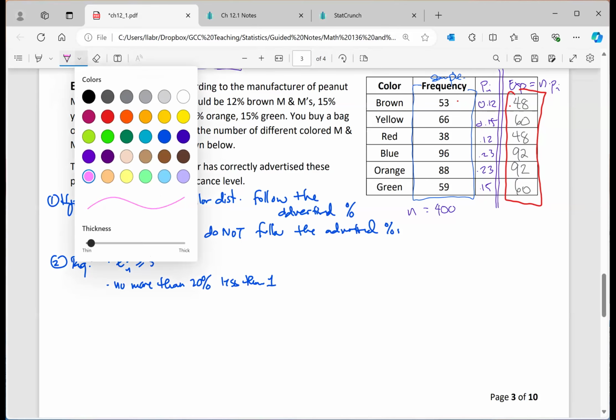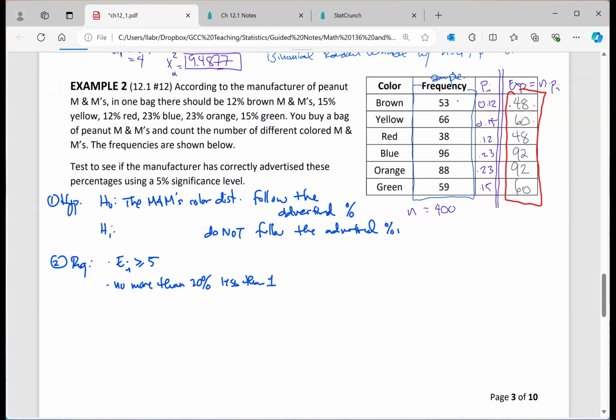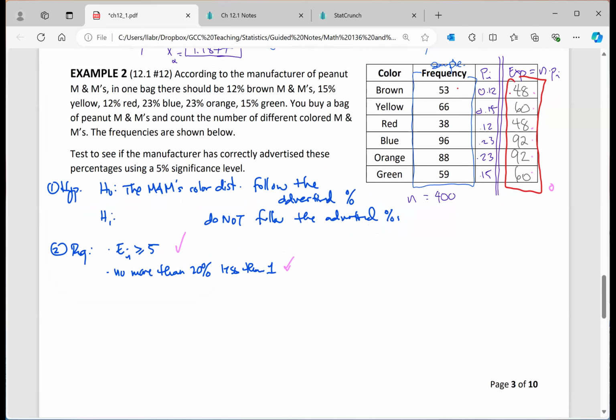You scan your expectations and check that they're all bigger than 5. Yes, they are. And then let's count how many of them are less than 1. I think I said that wrong. Zero of them are less than 1. All of them are bigger than 5. All right, let's continue.